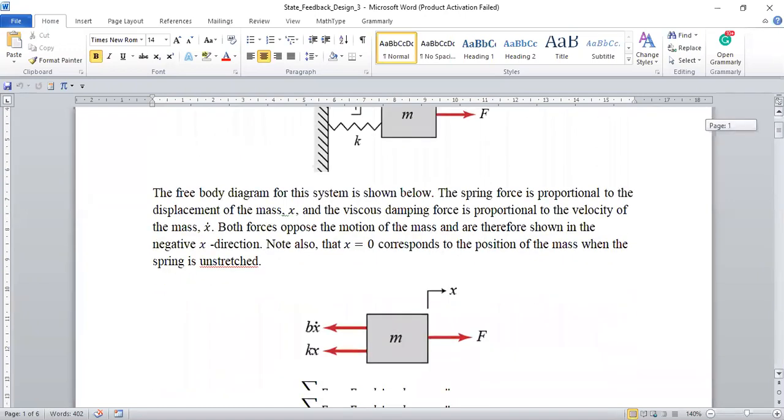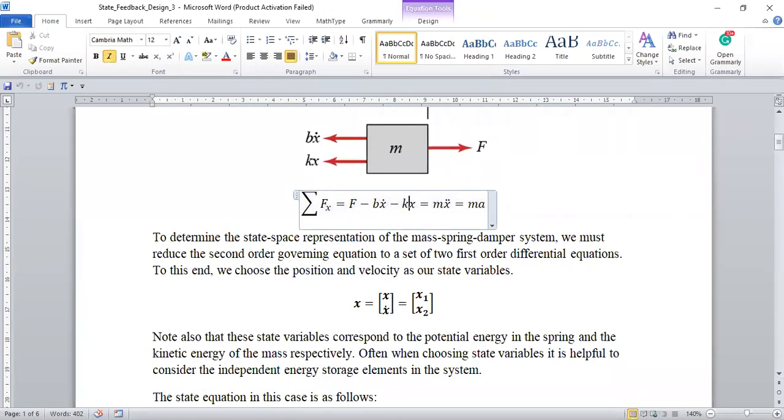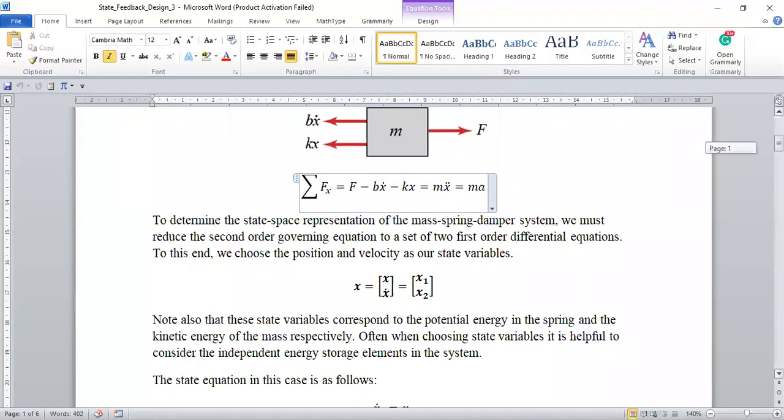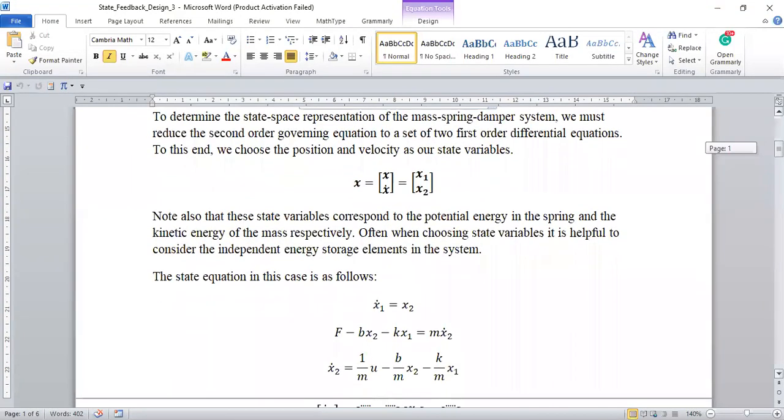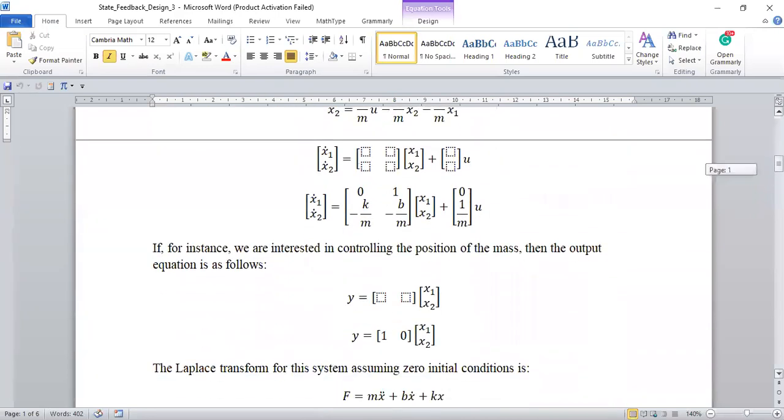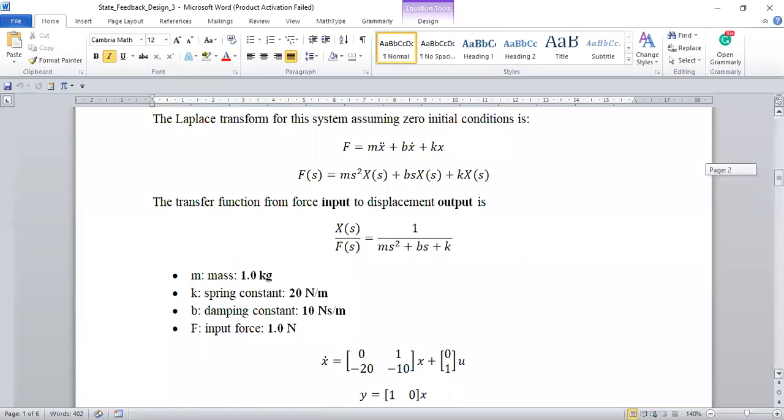Then we represented the system as a transfer function in the continuous time domain, and then as a transfer function in the discrete time domain, that's in the Z domain. After which we proceeded to find the state space representation of the system in the continuous time domain and in the Z domain.